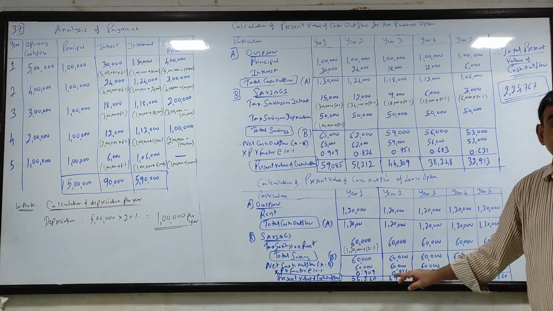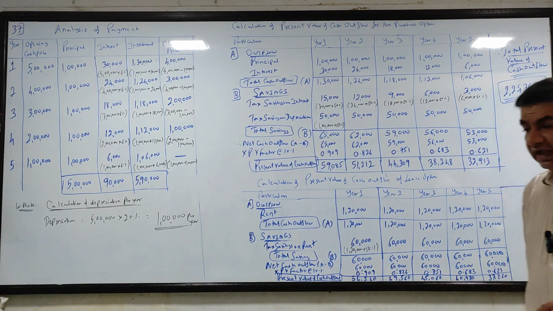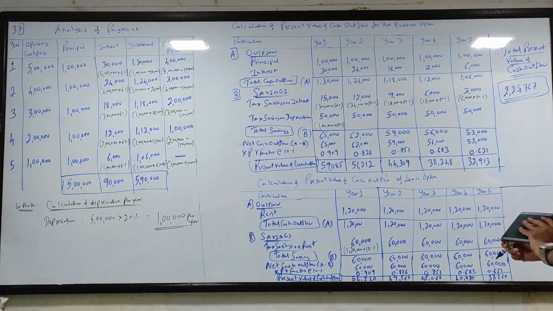That is 60,000 multiplied by the respective factors. Now, same way I will add up all the present values. So 54,540 plus 49,560 plus 45,060 plus 40,980 plus 37,260 is 2,27,400.